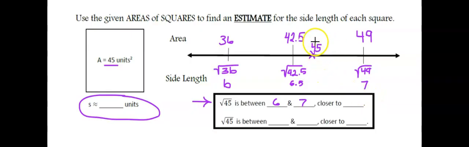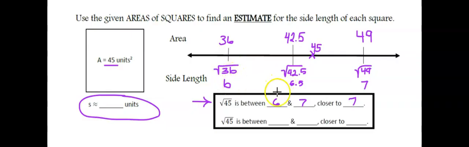You can see right here, it's to the right of the halfway mark. So if we're rounding or estimating to the nearest whole, you'd say it's closer to 7. So a good estimate is 7 units. Okay, don't put that 7 there, actually. Take that out because we're going to get even closer.